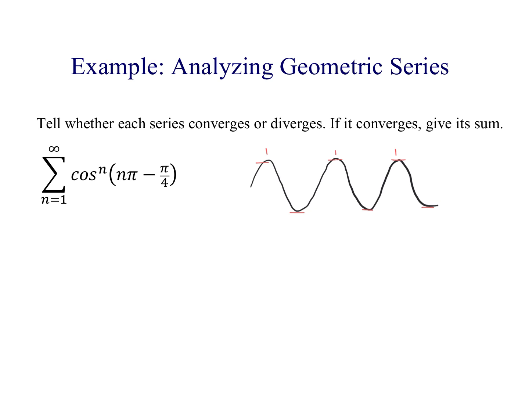So bounded between that. So let's apply the nth term test to this. So we want to think about what would the limit be as n approached infinity for a cosine term where n was the power and n is also the coefficient on pi.